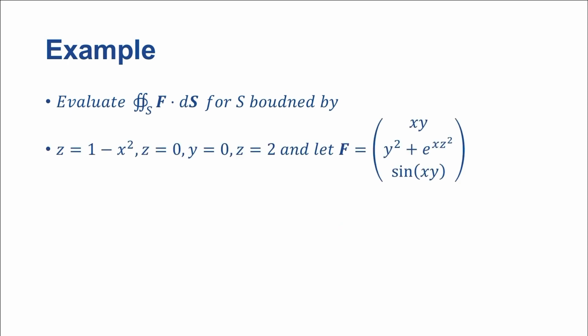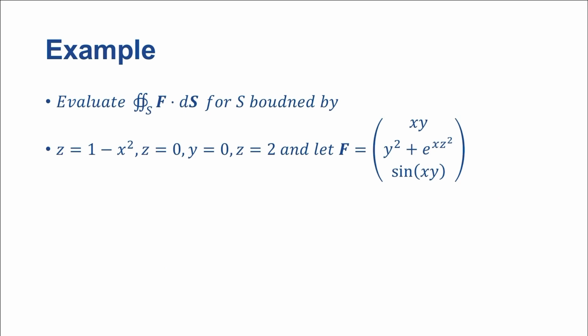Okay, so let's try an example here. Let's evaluate the integral of F dS for the surface bounded by the curves z equals 1 minus x squared, so that's a parabola, z equals 0, y equals 0, and z equals 2.